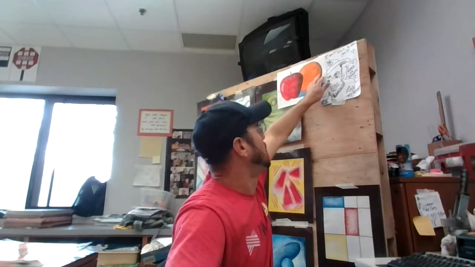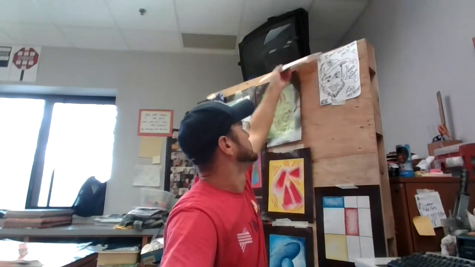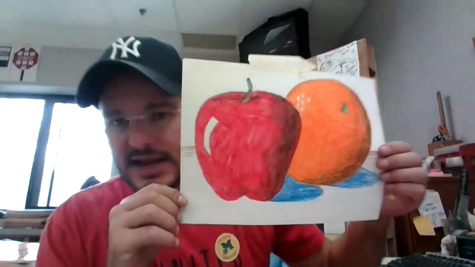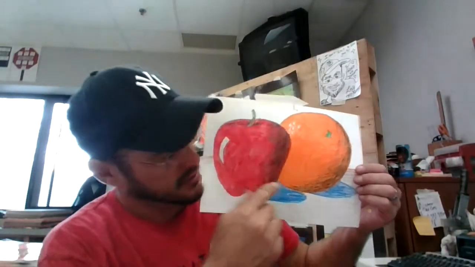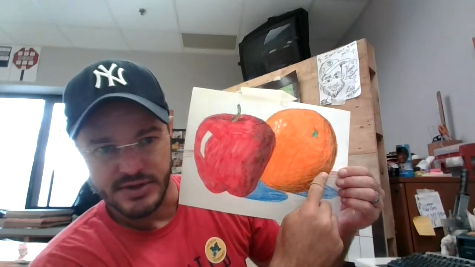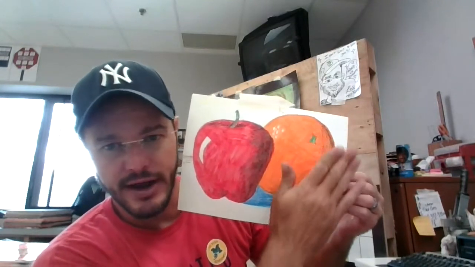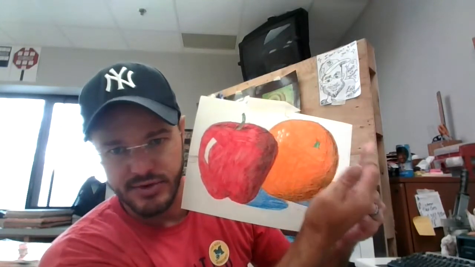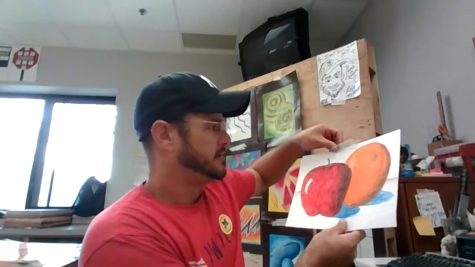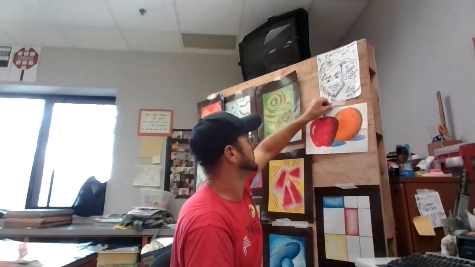Now, you can also see my orange. The orange is colored in. And then the shading on this orange, opposite of orange is blue. So a little bit of blue crayon over top, and I can get that shading. I press hard and I get light and try to help make it look more 3D.